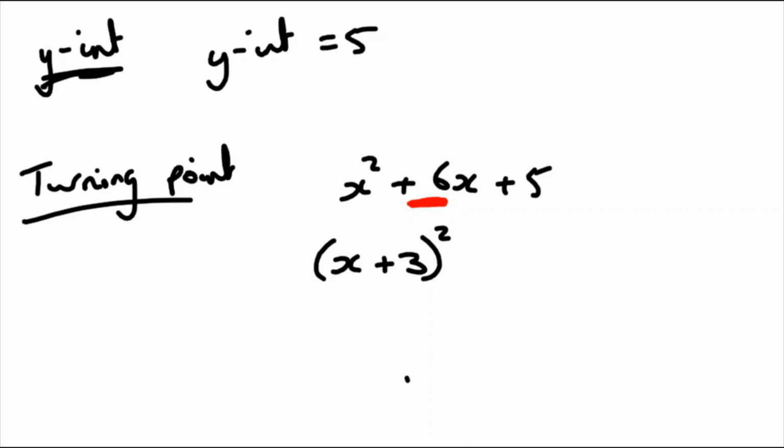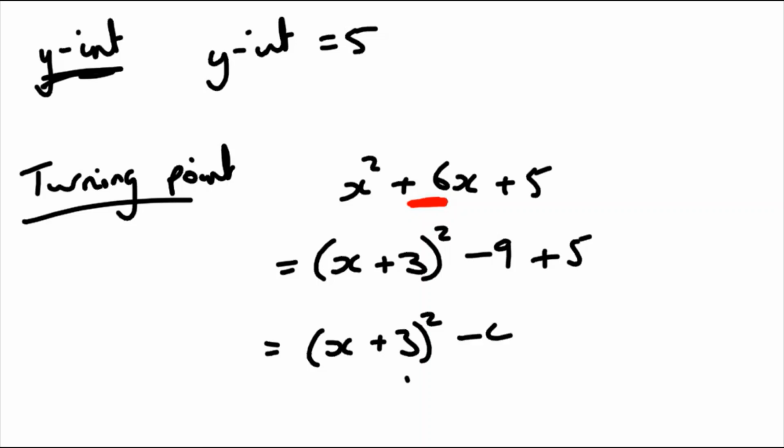We've still got this plus 5 over here, but if you remember from when we complete the square, if we were to expand this bracket, we'd end up with an extra plus 3 squared. We don't want that, so we're going to have to get rid of that as well. We have (x plus 3) all squared, minus 9 plus 5 is minus 4.